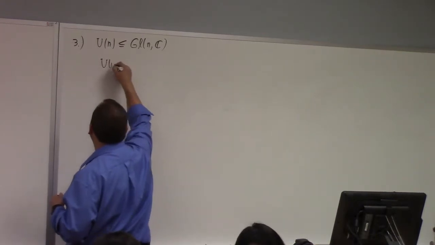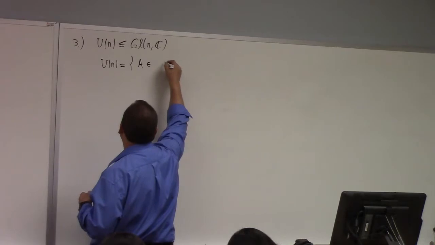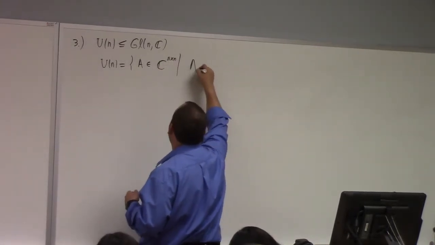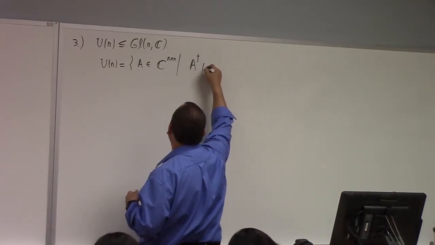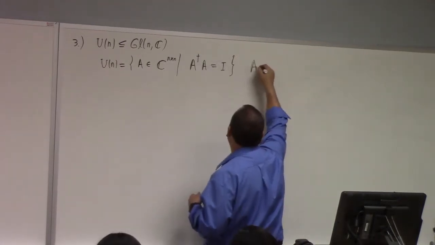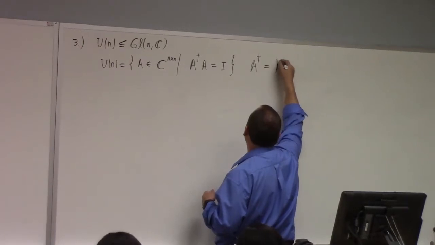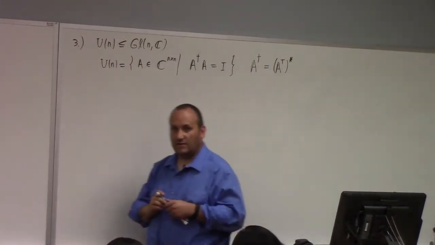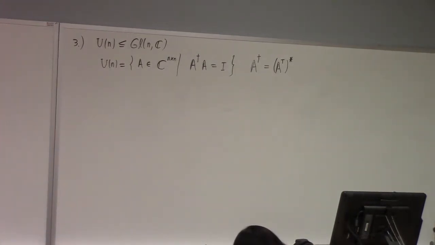U_n is A in C^(n by n) such that I believe A dagger A is equal to the identity. Here, A dagger means A transpose conjugate. So it's the conjugate transpose, or the Hermitian adjoint, as it's sometimes called.